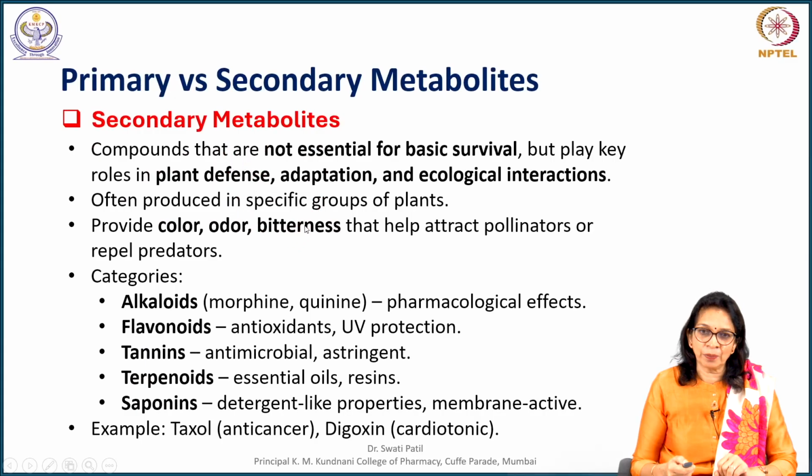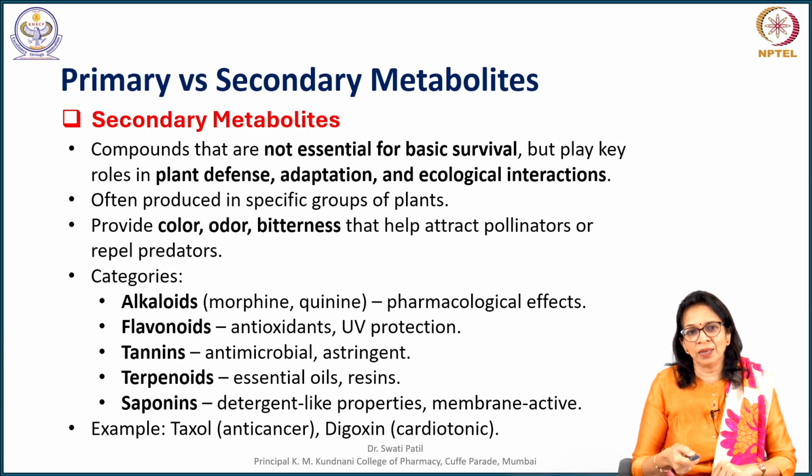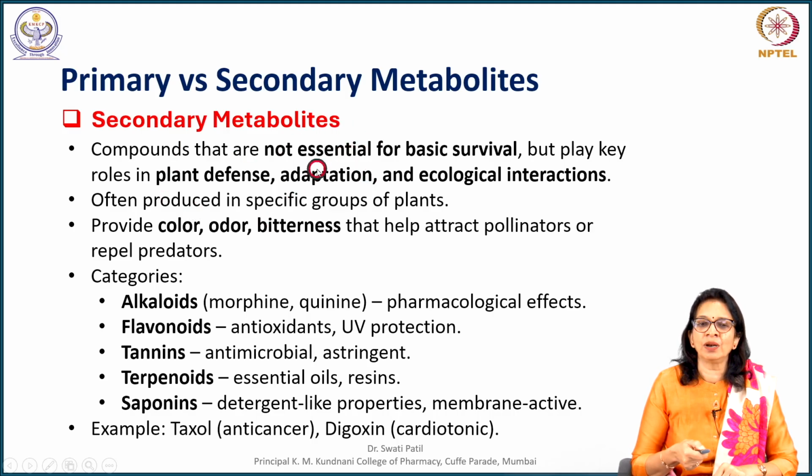Whatever extra primary metabolites are formed by the plants are converted to secondary metabolites using several enzymes and pathways, and these secondary metabolites are used by the plant for other purposes like plant defense, adaptation and ecological interactions. They provide color, odor and bitterness that help to attract pollinators or repel predators.